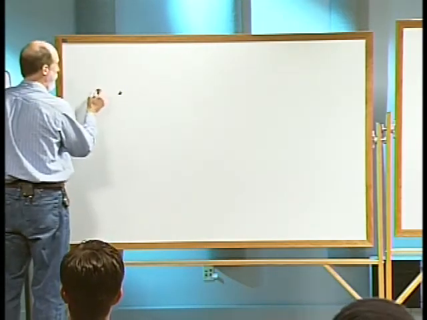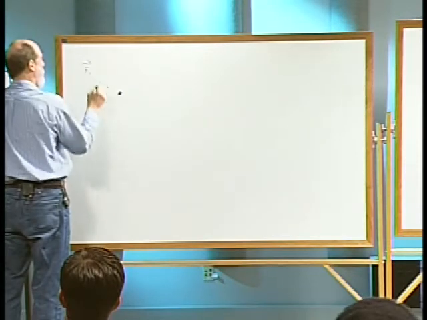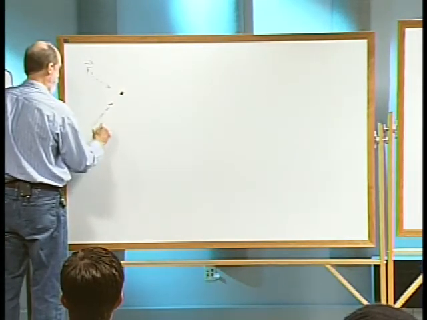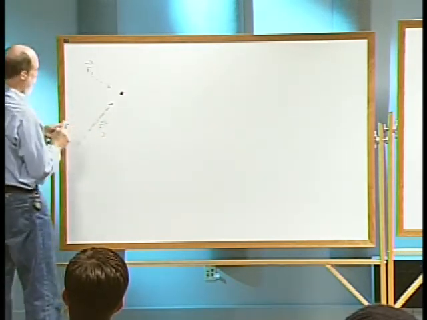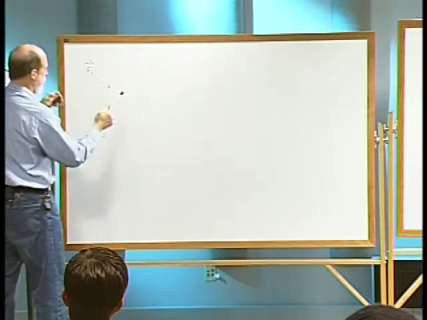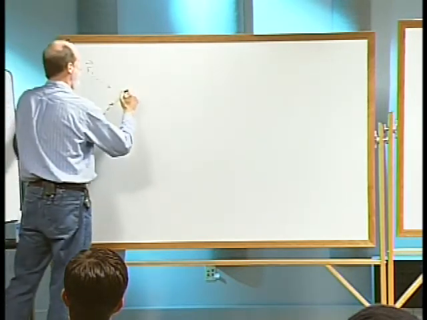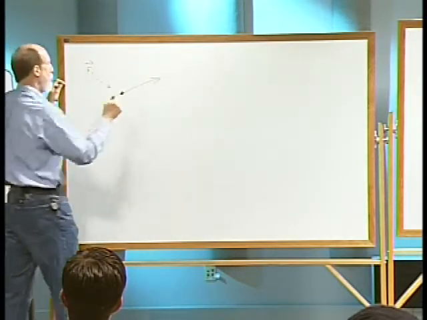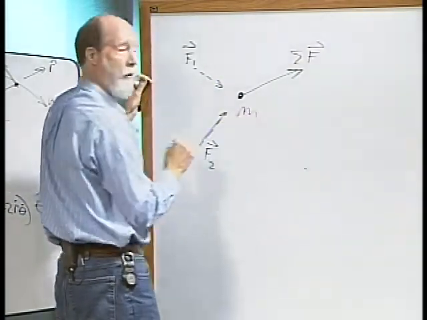If you have a sum of forces, like let's say I have an F1 here and an F2 here, and this one say dramatically larger, then it looks like the net resultant of these two would probably be something like that, right? So this would be the sum of those forces acting on this mass.